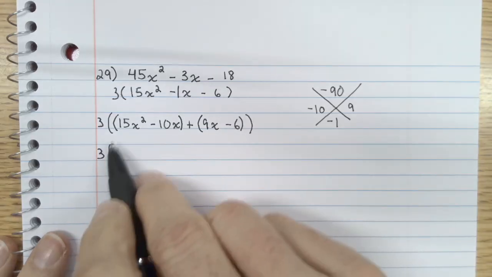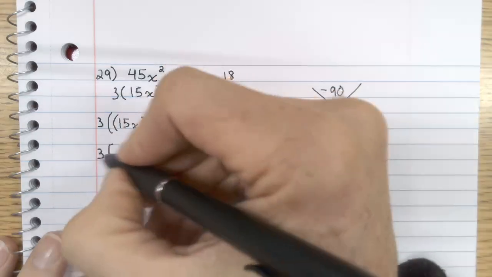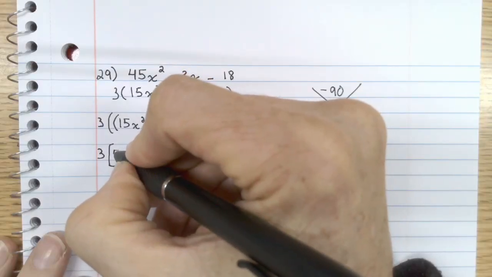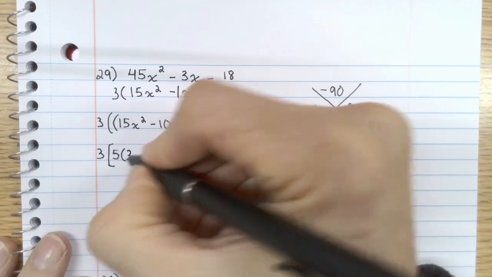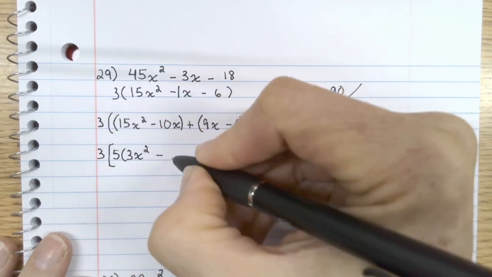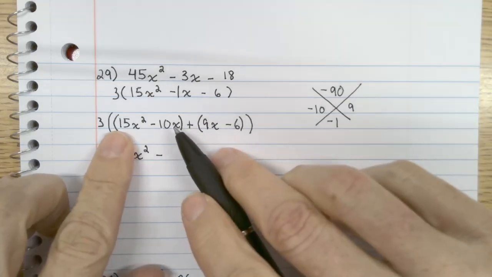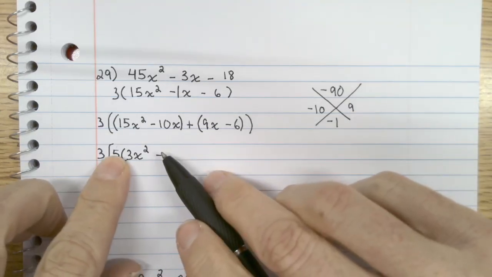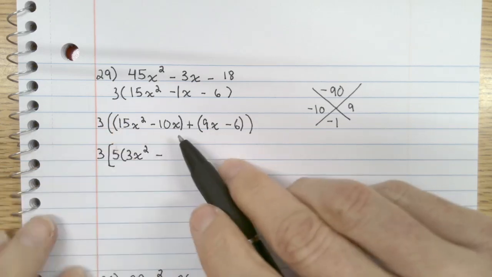I'll make that a bracket so that I know it's different than the parentheses inside. I'm going to factor a 5 out. And then what I'll be left with inside is 3x squared minus, oh, I just made a mistake. The greatest common factor is not 5, it is 5x. I forgot about that. I got to factor that x out.